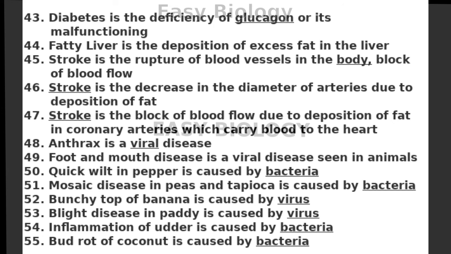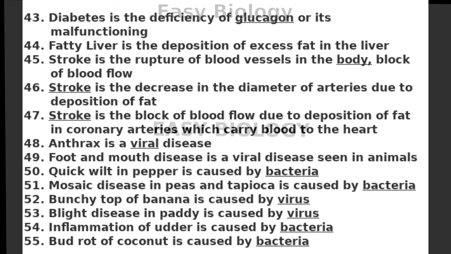Here, the underlined portion is viral. It is a correct statement. Question number 50. Quick wilt in pepper is caused by bacteria. Here, the underlined portion is bacteria. And it is a wrong statement.